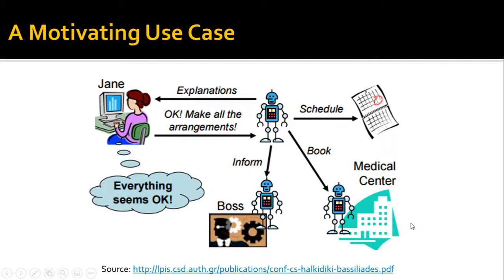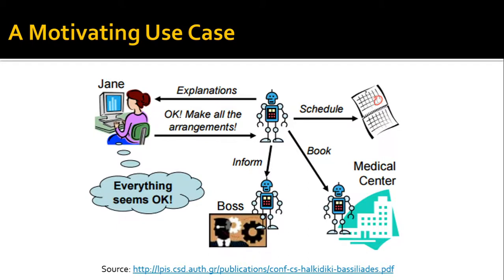Now you can see that here Jane is not really going to the individual websites like the medical centers, the doctors, or other stakeholders. Jane is delegating the task to her agent, right? And what is her agent doing?